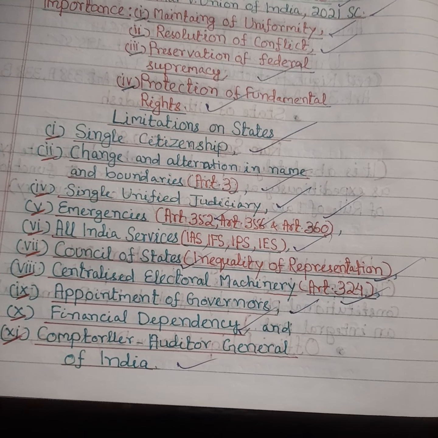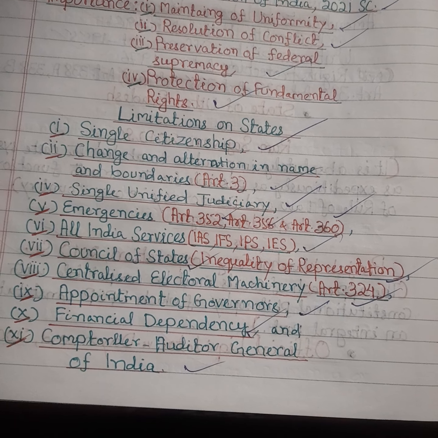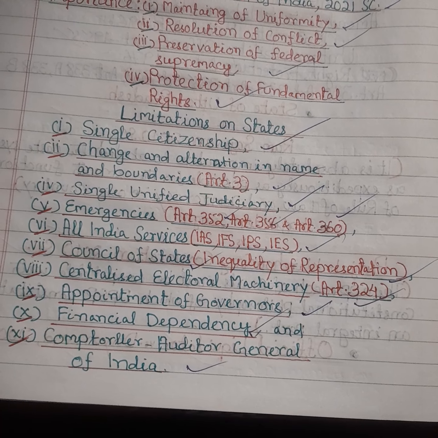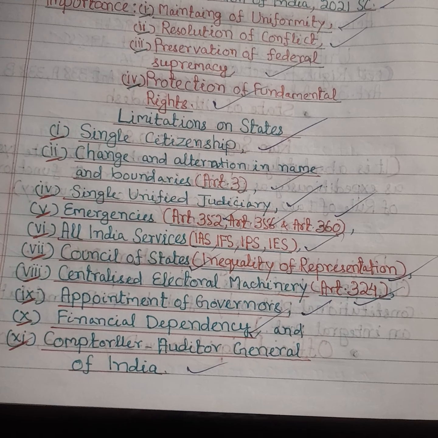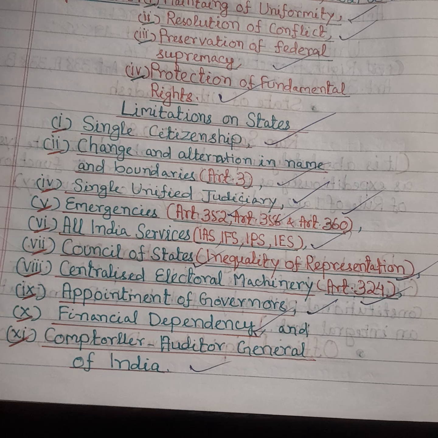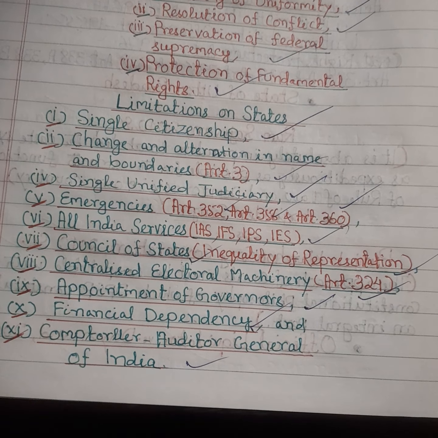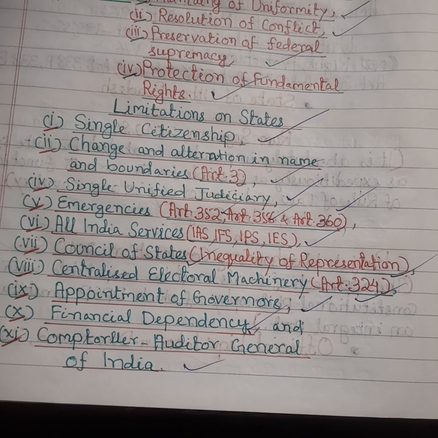So, the very office of the Comptroller and Auditor General of India comes under the central government. His concerns not only include the auditing and accounting of the central government, but also those of the states as well.